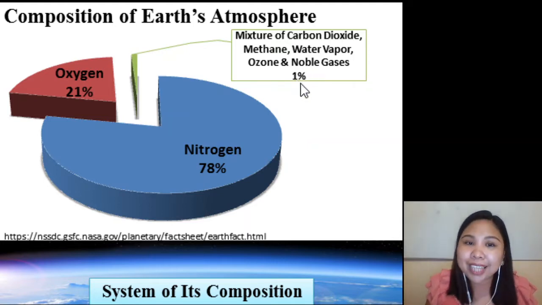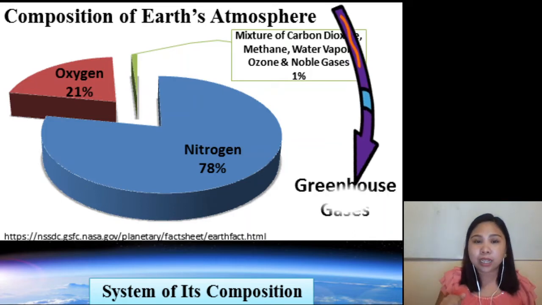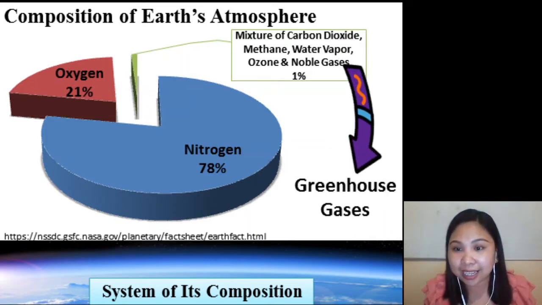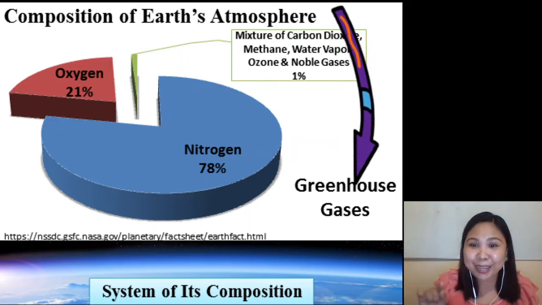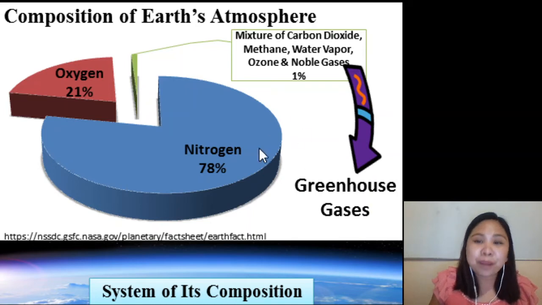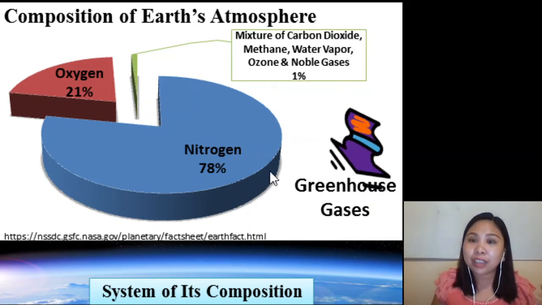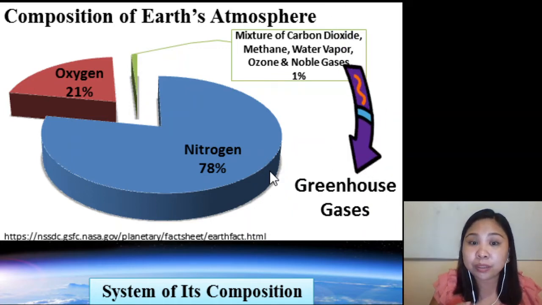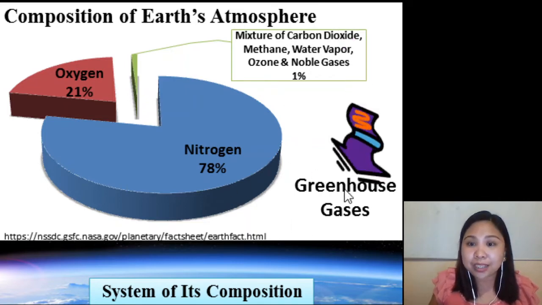Okay, so 1% lang yan, class. So ang tawag natin dyan ay greenhouse gases. So, makikita nyo ma'am, 1% lang naman yan. But, did you know that this 1% meron siyang effect on the things that we are currently experiencing in our very own planet? Okay, kaya let us try to get to know these greenhouse gases.